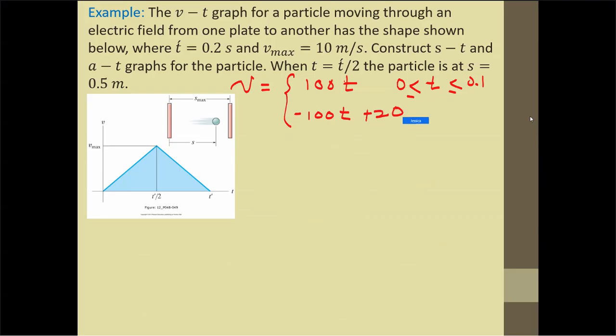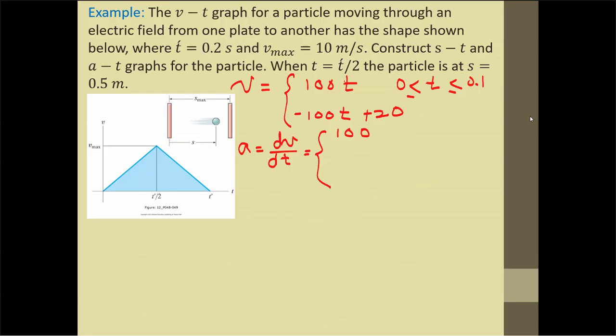Then the acceleration first. That is straightforward. Acceleration is the derivative of velocity with respect to time t. The derivative of 100t with respect to time t is 100. For the second time interval, the velocity was given as negative 100t plus 20.